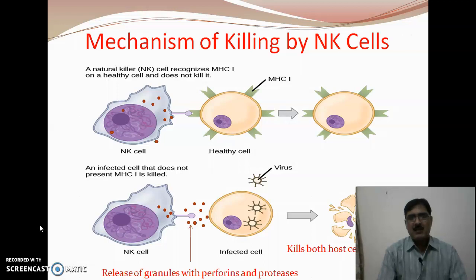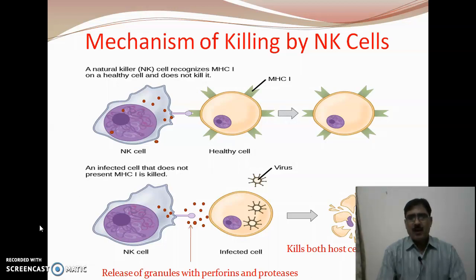It means the bullet of the NK cell consists of azurophilic granules or perforins and proteases, and these proteases are those enzymes which are responsible for killing the infected host cell as well as the infecting agents or microbes.